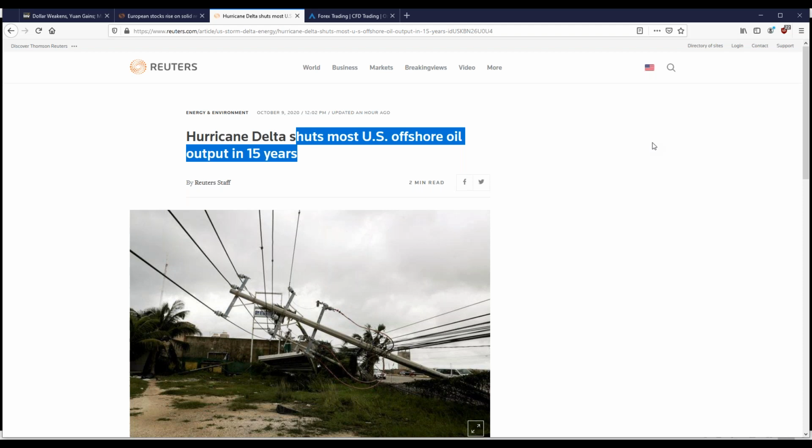If there's less supply, or at least the idea that people think there will be less supply, what tends to happen to the price of oil? Simple supply and demand tends to drive the price of oil up. Okay, and we've seen some of that. So this is the fundamental situation right now.